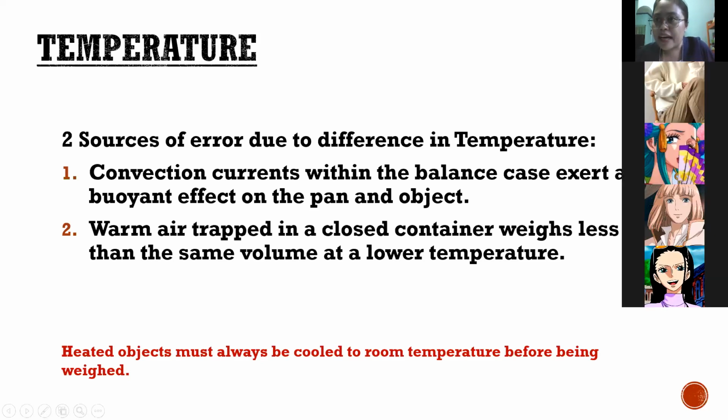Remember, when there is a difference in temperature, there will be transfer of heat or energy. That transfer will have an effect on both the pan and the object. There is a buoyant force, so there will be changes in the measurement of mass.